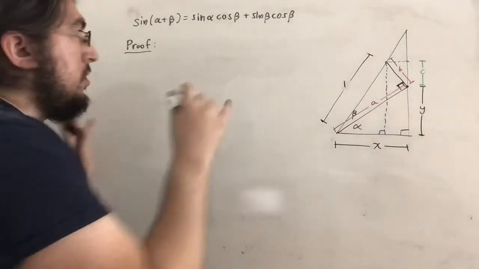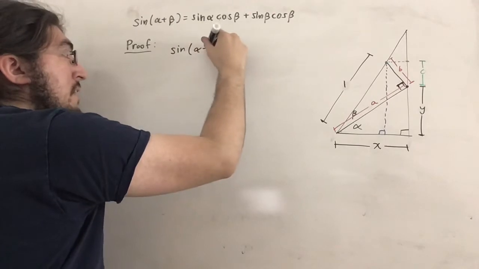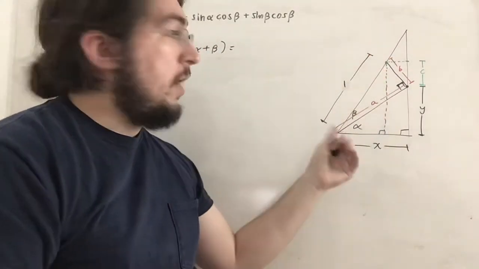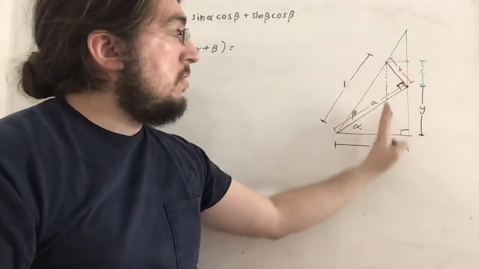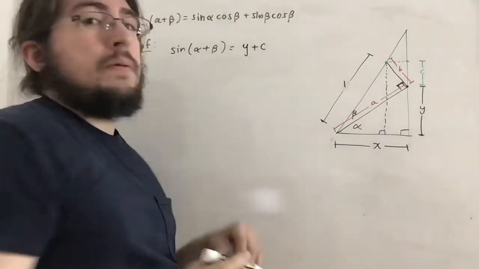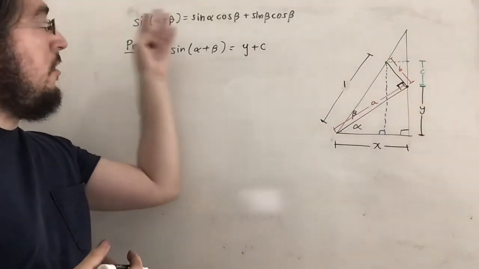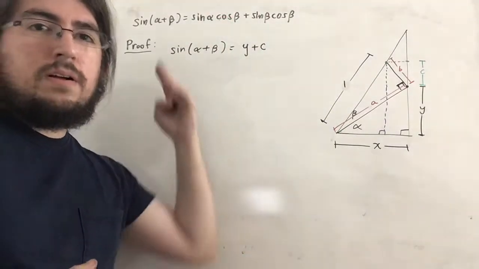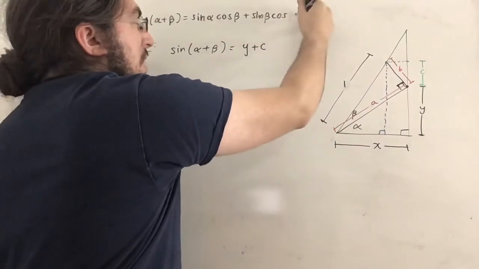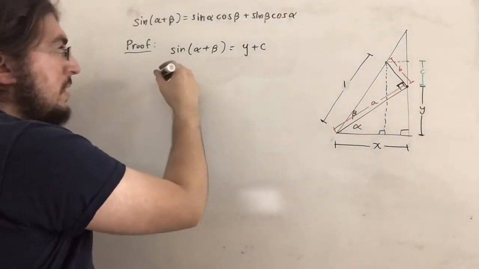So the first observation we're going to notice is in this diagram, sine of alpha plus beta is just, if you look at this shortened right triangle, it's going to be the blue dotted line distance divided by 1, which is just y plus c. Perfect. The next thing I need to justify are each of these pieces: sine of alpha, cosine of beta, sine of beta, and this should have been cosine of alpha. That was my mistake.